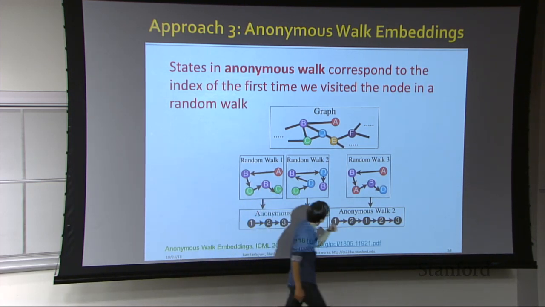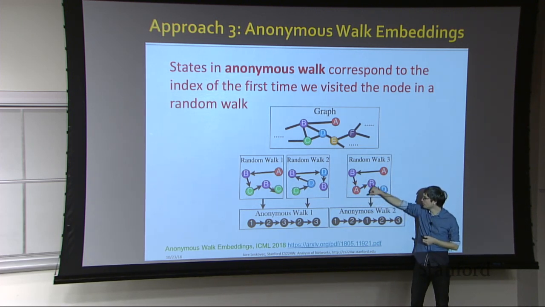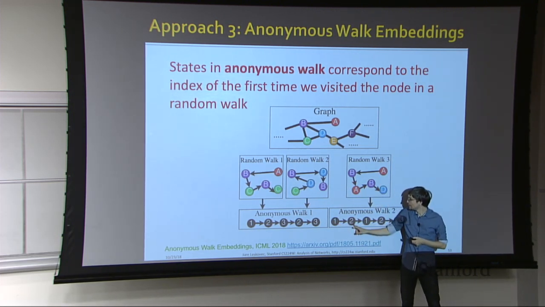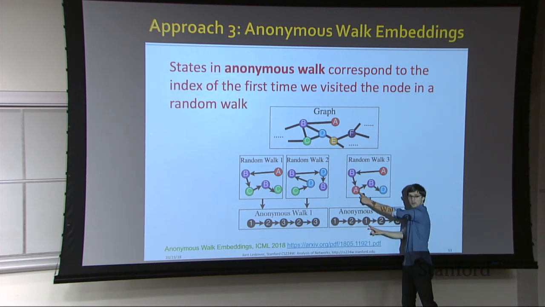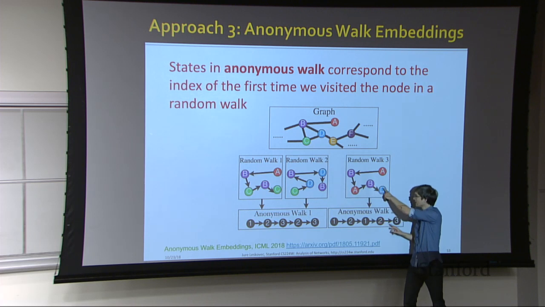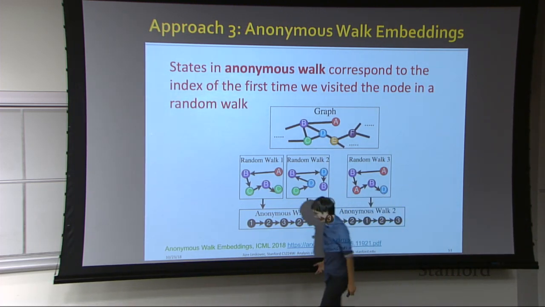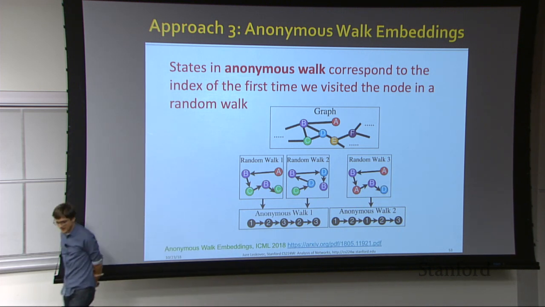Here's another example, from A to B to A to B to D. This will be 1, 2, and then 1 again because I'm at A, and then 2 again because I'm at B, and then 3 because I visited node D. That's the idea.